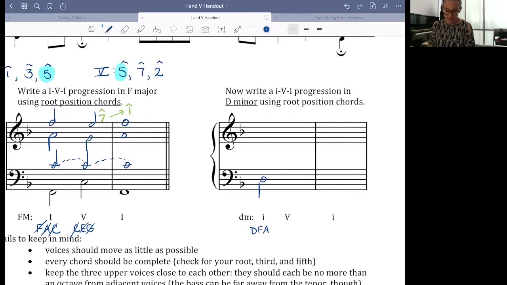And I'm going to put us in a different configuration. So we started out the last time with scale degree 1 in the soprano. I'm going to give us a different configuration this time because the voice leading will look a little bit different. It'll be in different voices. So let's put scale degree 5 in the soprano.